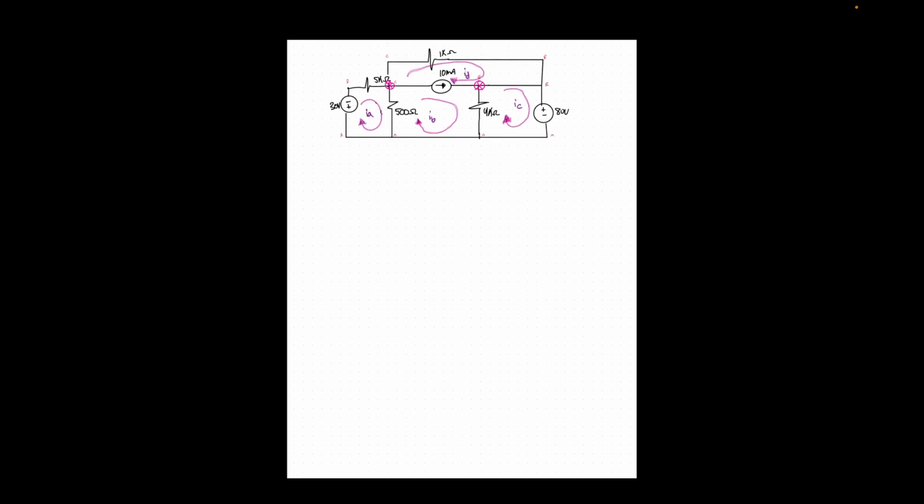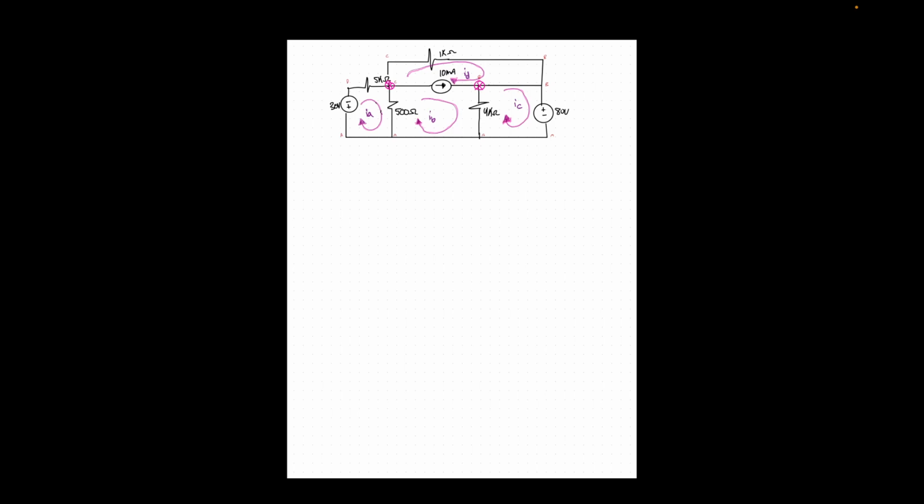As you can see here, I've already defined these as IA, IB, IC, and ID. How this is going to work: because I have my supermesh, I have to be fairly strategic about how I organize my equations.